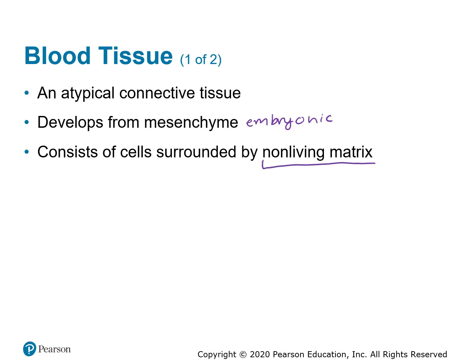That non-living matrix is very similar to our extracellular matrix, but in the case of blood, we call it plasma. It's that whitish, clearish stuff that comes out of your skin if you have a scab and you pick at it and then you squeeze that scab a little bit, you'll see what we call plasma. Okay?